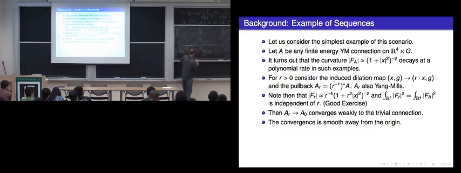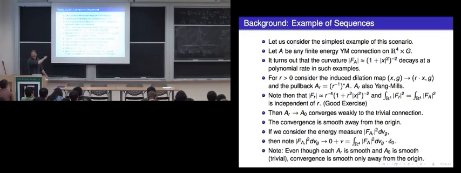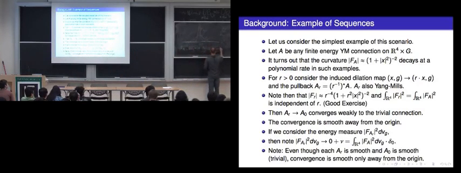In fact, the way I really want to write this is A naught plus this thing. So this is an example of a defect measure. I'll give you a more general definition in a second. It's a definition slash theorem, but even so.